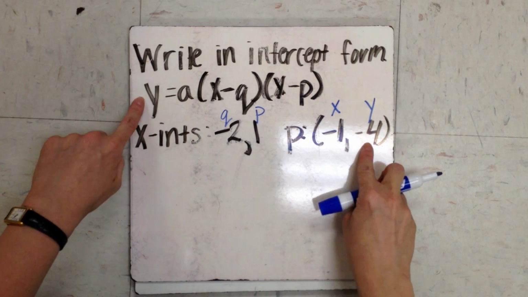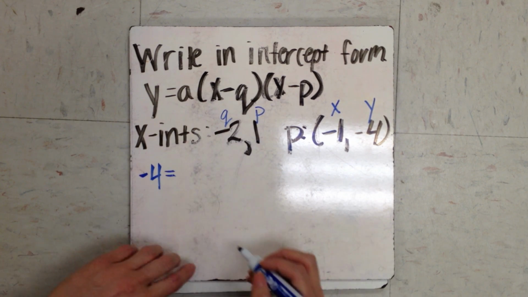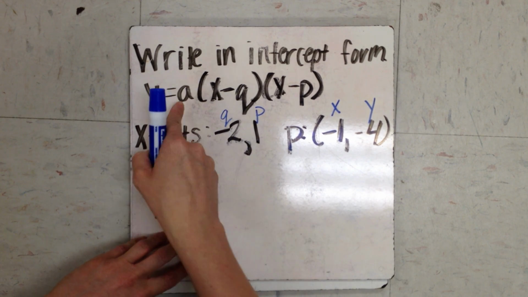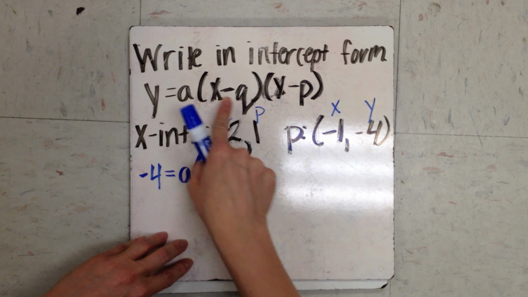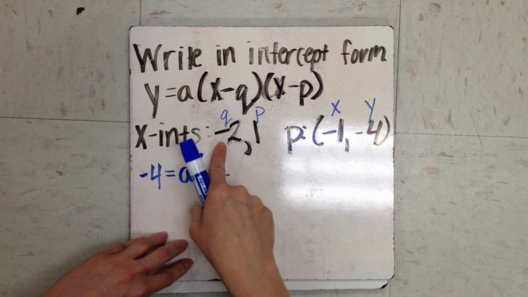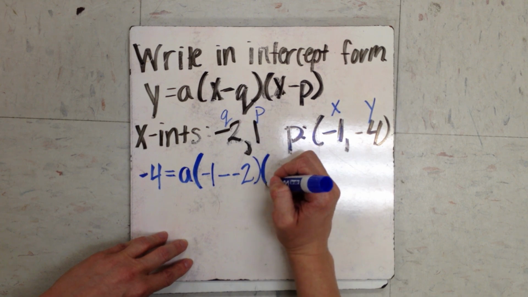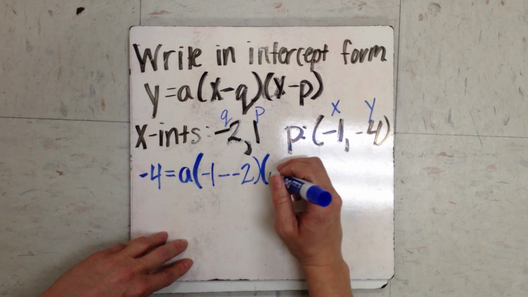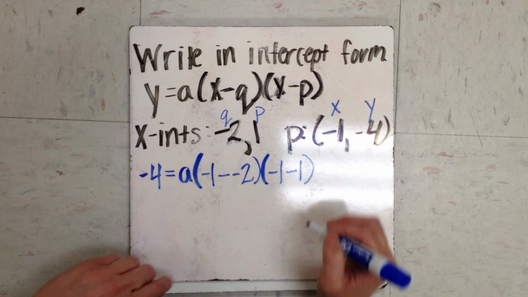So this equation will be -4, substituting -4 for y, equals a, the variable we're finding, open parentheses, x, which we labeled as -1, minus q, which we labeled as -2, close parentheses, then open parentheses, x, which is -1, minus p, which is 1.